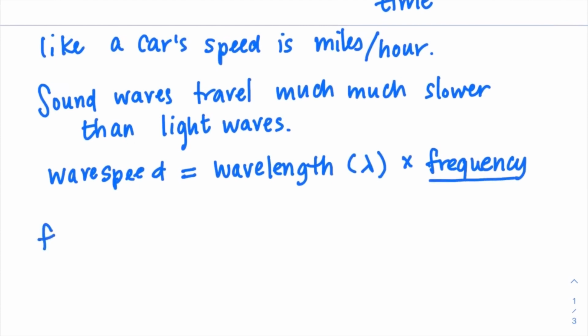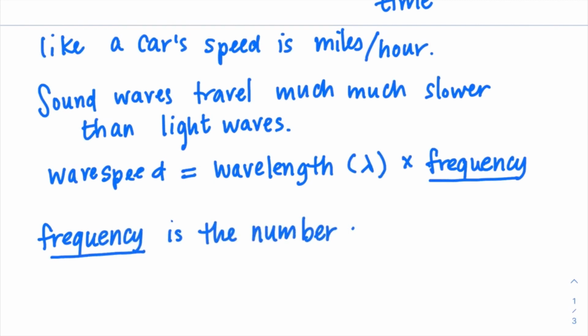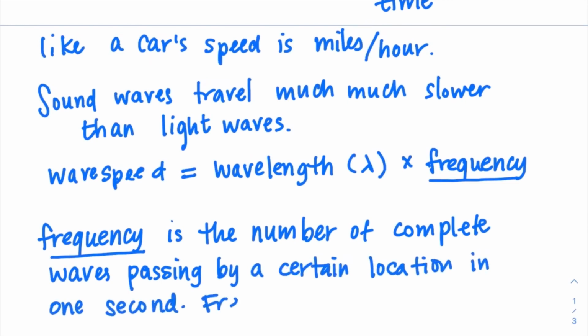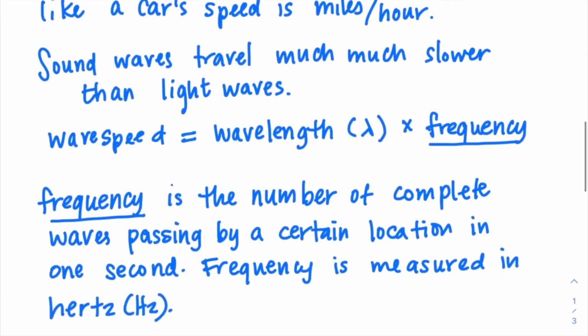Now, frequency is a new word that I'm putting in here, so let's define it. Frequency. All right. This is nothing more than the number of complete waves passing by a certain location in 1 second. That is the frequency. It is measured in a unit called Hertz, which we draw with a capital H and a lowercase z.